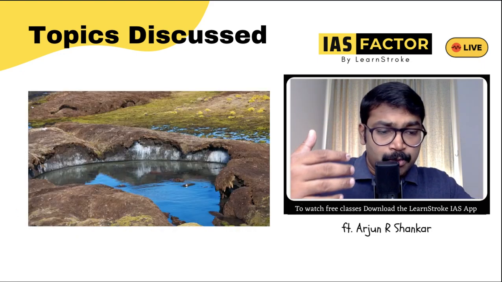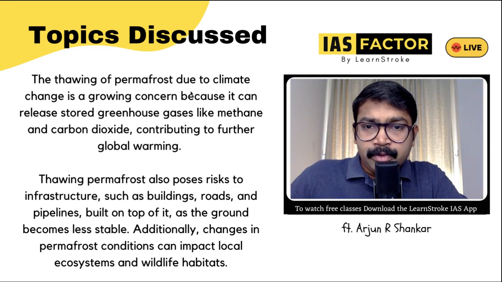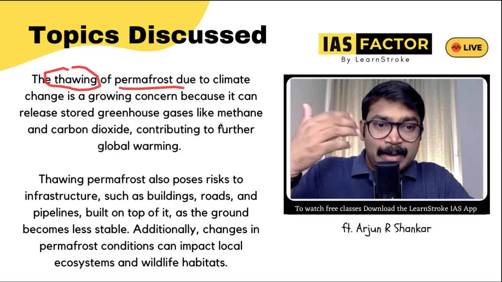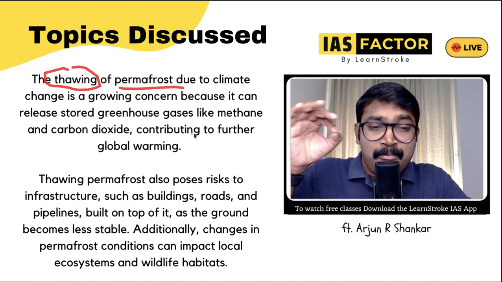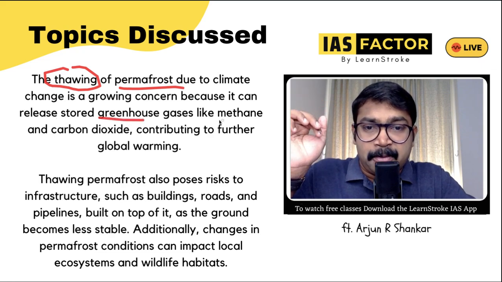So let's go to the next important content and how it can impact. Thawing of permafrost due to climate change is a growing concern. Thawing means melting of permafrost. Temperature increase can cause a big, important thing: it can release greenhouse gases like methane and carbon dioxide.